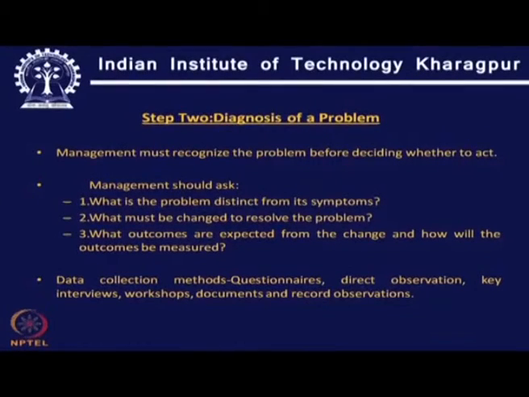So, we have to first define what expected outcomes are there when we deal with a particular problem and make some changes in the processes which are leading to that problem. Also important is how to measure that outcome. It is not enough to define a particular outcome, we have to measure it.